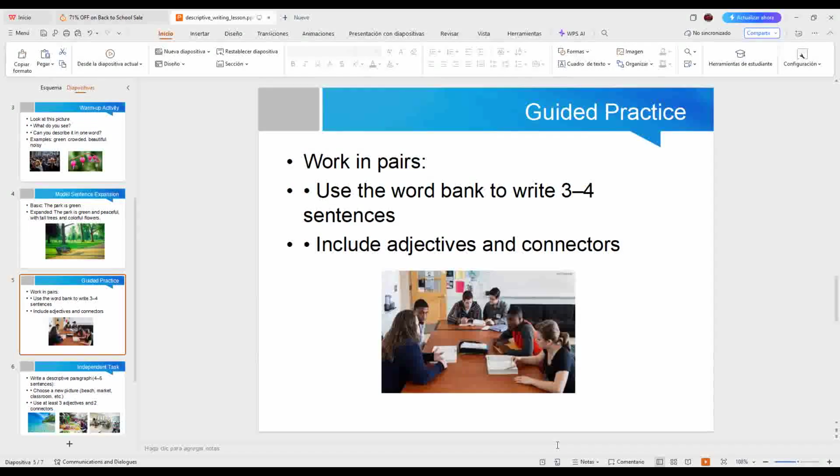In that case, the instruction is to include adjectives or connectors. I think that is the idea for this activity. Invite them to work collectively, probably in groups of 2 or 3 people. They can listen to the opinions, and probably they can suggest some ideas for representing the best exercise, I think.